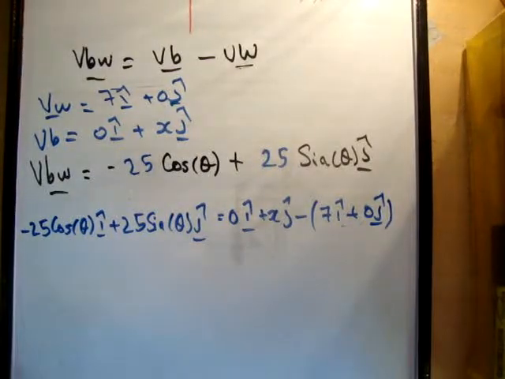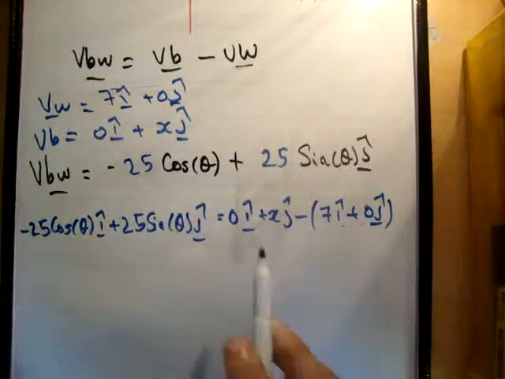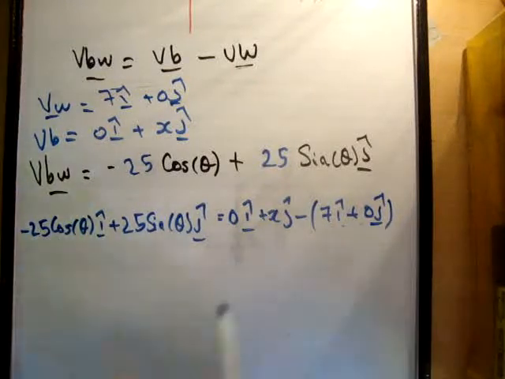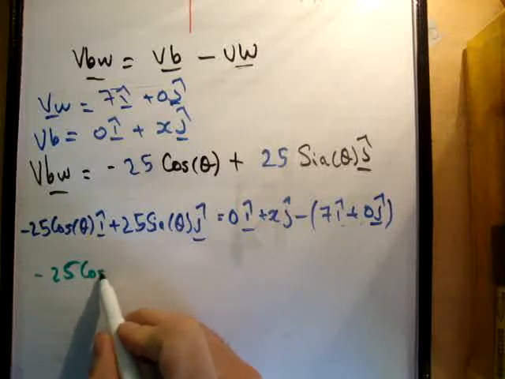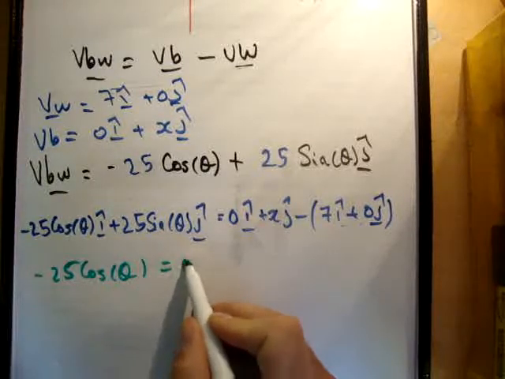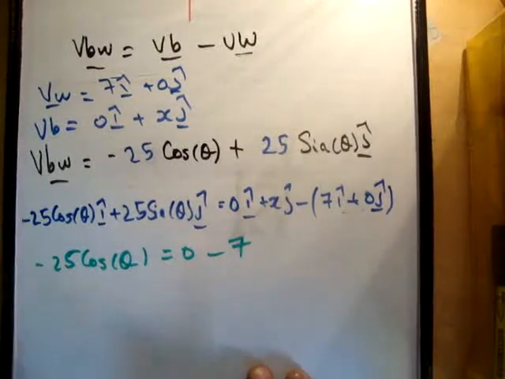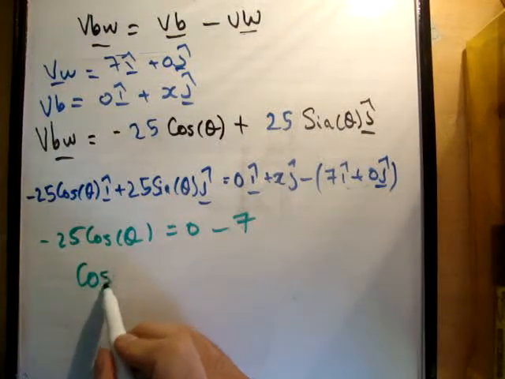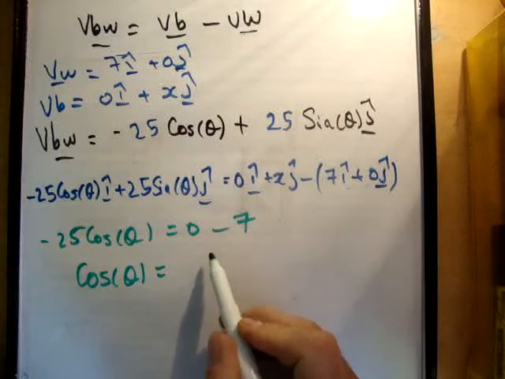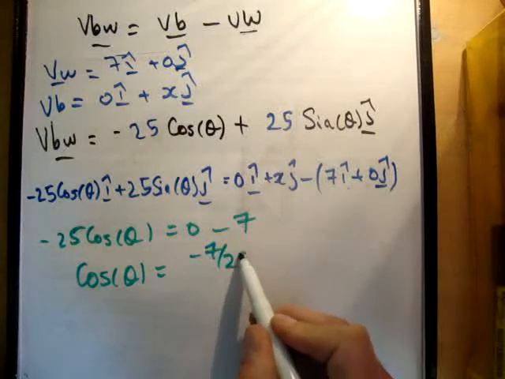Now we know of course that the i hat components will all add together. So we know that minus 25 times the cos of theta is equal to 0 minus 7, and therefore cos theta is equal to negative 7 over 25.